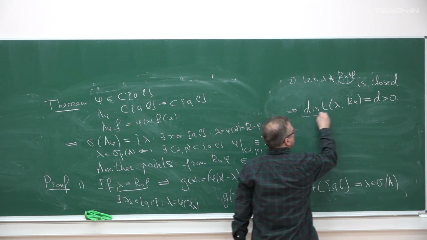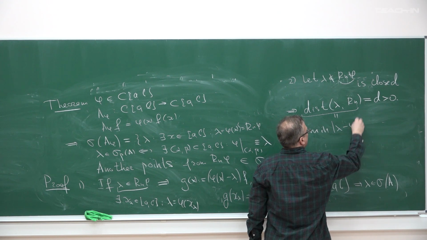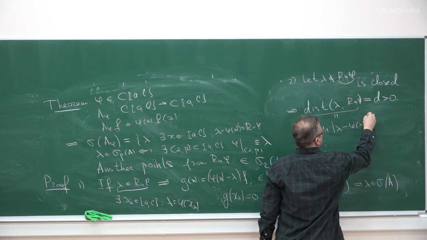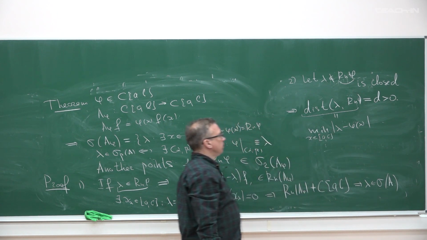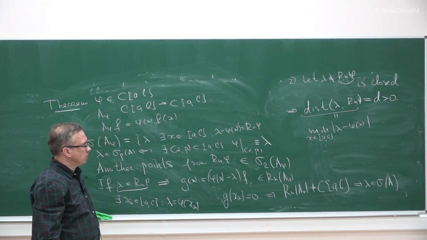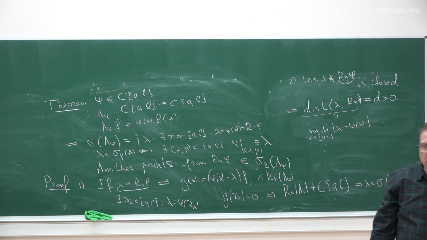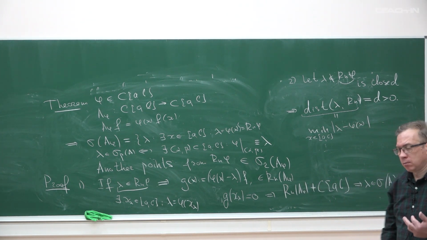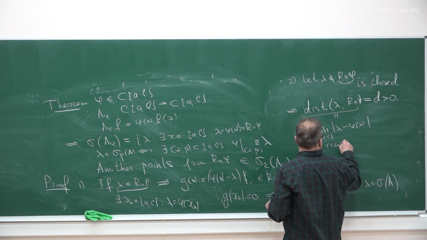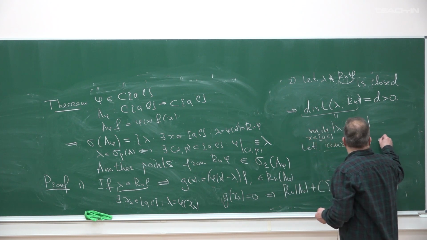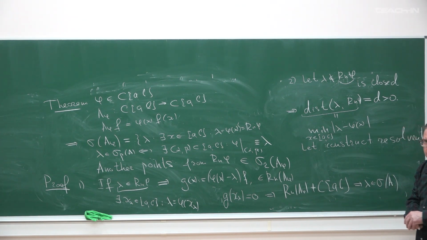And distance equals the minimum over x in AB of the distance between lambda and phi x, the range of phi. So again, try to construct a resolvent and check that this resolvent is a bounded operator. So let's construct the resolvent.